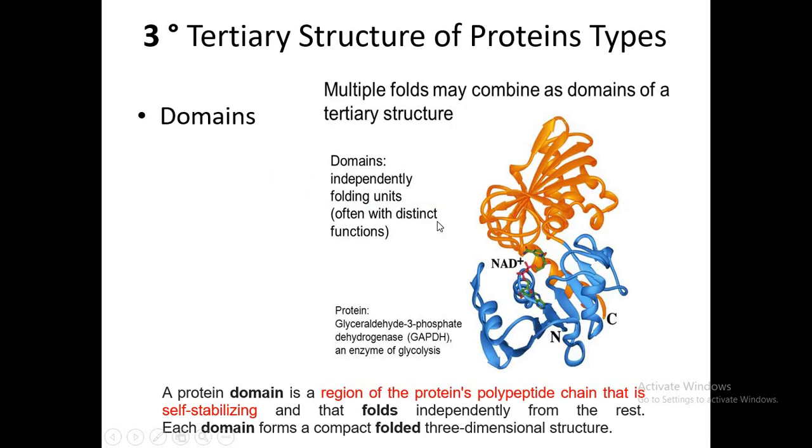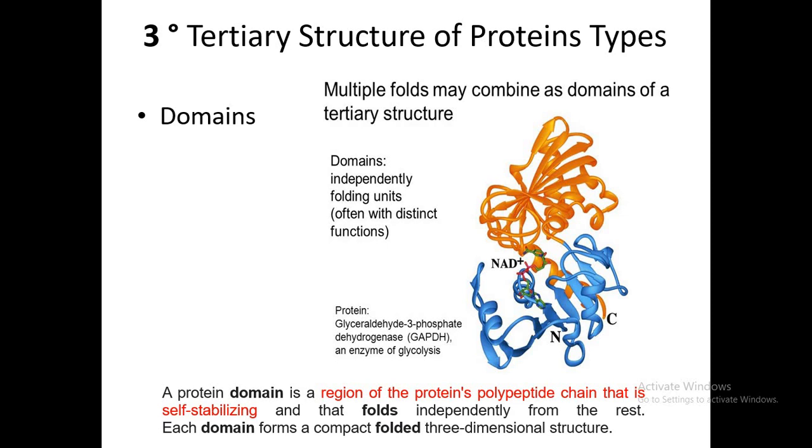So one more important thing that we have to study here is what the domain is and what the fold is. This fold and domain would be included in the secondary structure of a protein. And what is the domain? Domain is a region of the protein polypeptide chain that is self-stabilizing, that can fold on itself.